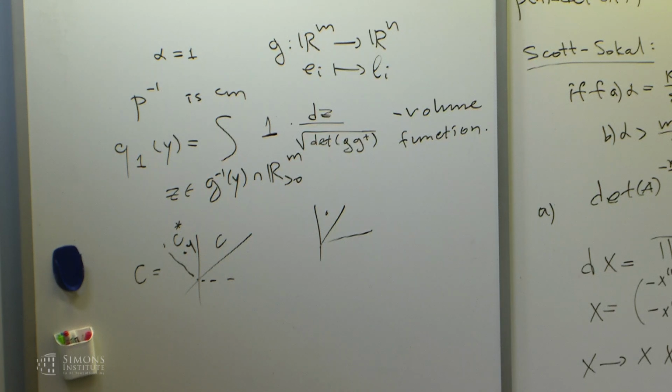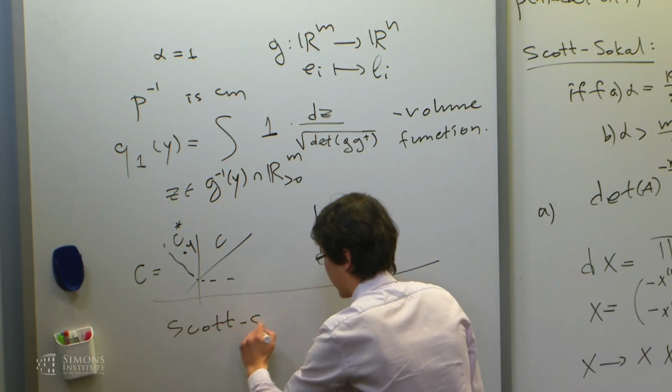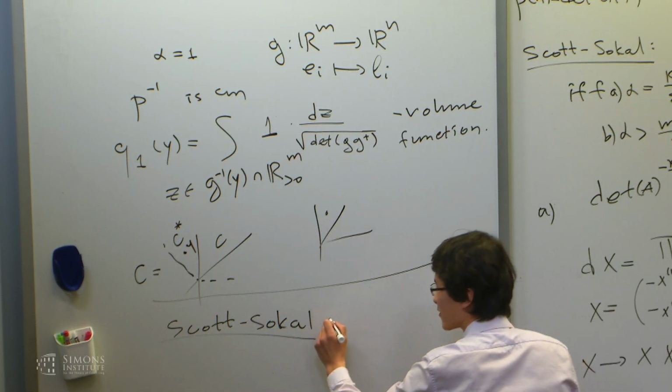I don't have time to talk about what is known for elementary symmetric polynomials, but let me just say that for them, as I mentioned, the conjecture that was on this blackboard was settled, and moreover, there is another conjecture due to Scott and Sokal that says the following. So this is a conjecture as well. By now, half of it is proved.